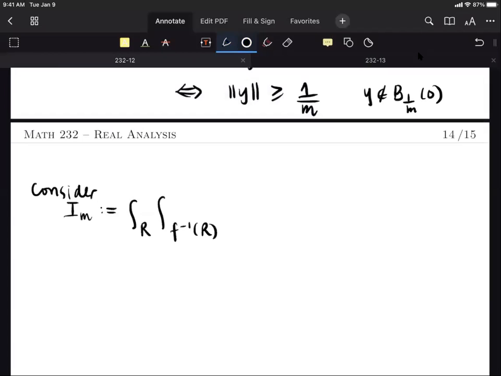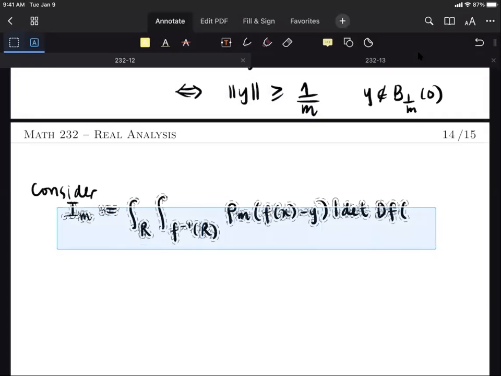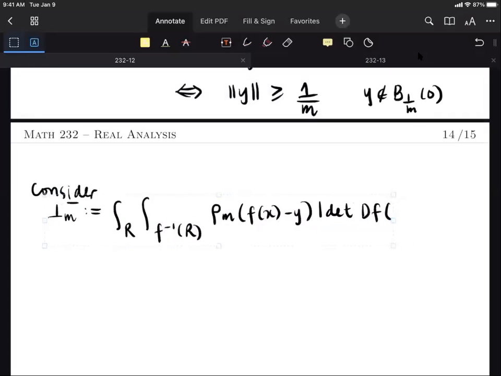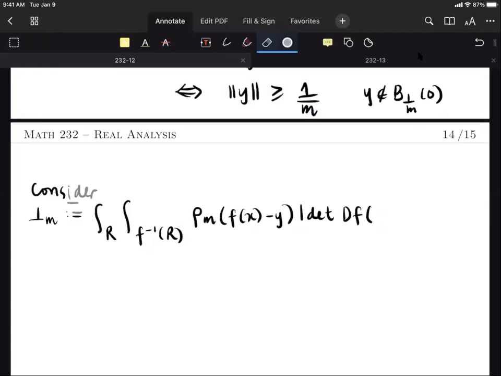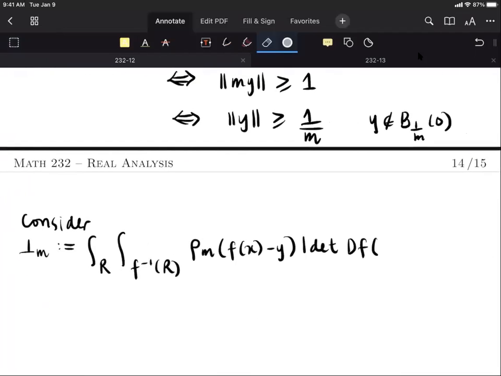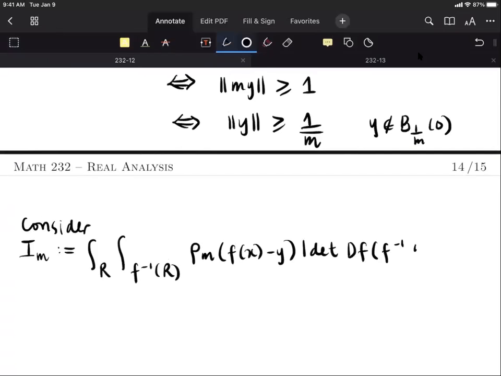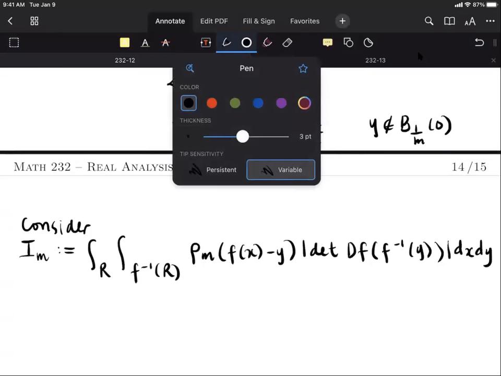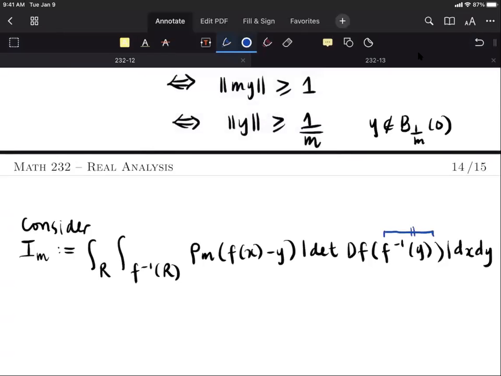So we have here the double integral of rho m of f of x minus y times the determinant of the Jacobi matrix at f inverse of y, dx dy. So you can think of this as your x.